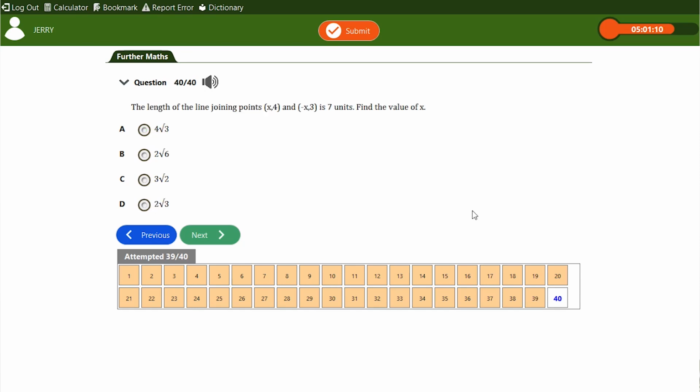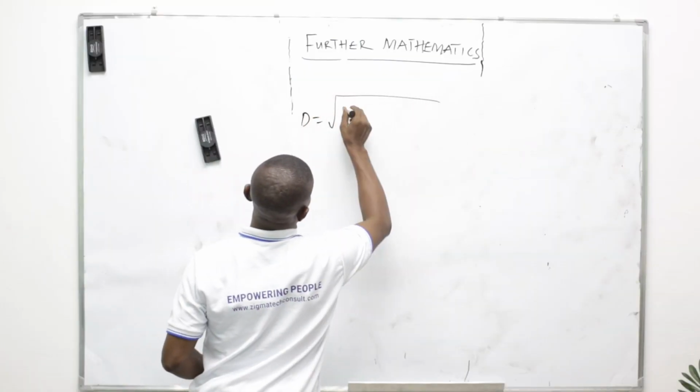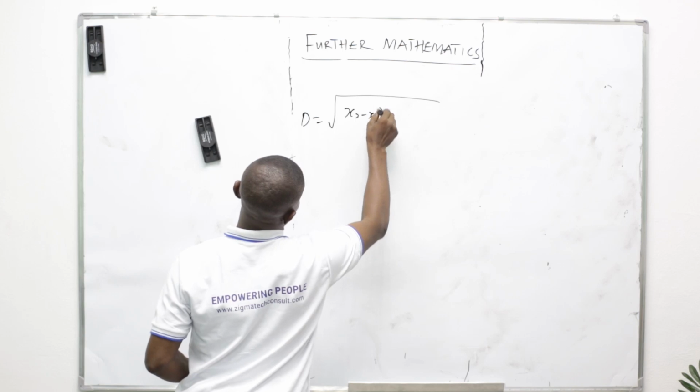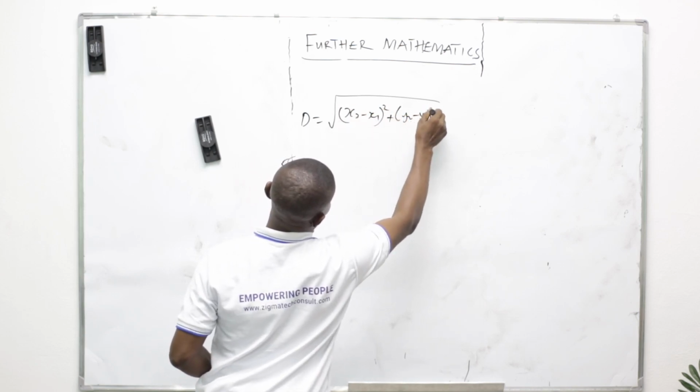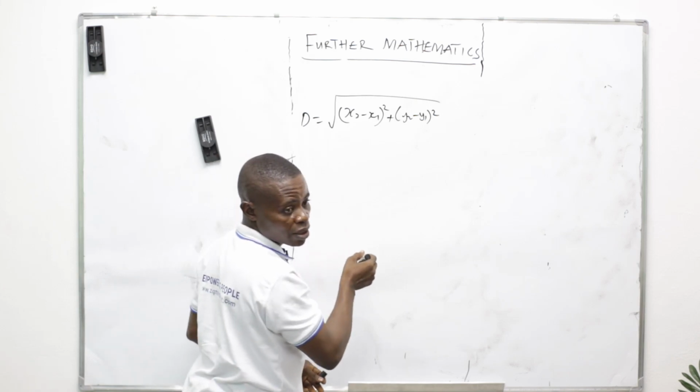The angle of the line joining the points, find the value of the length of the, okay, this is distance between 2 points. That's good. Distance between 2 points. Recall that D equals square root of x2 minus x1 all squared plus y2 minus y1 all squared. So D, now the distance is 7.